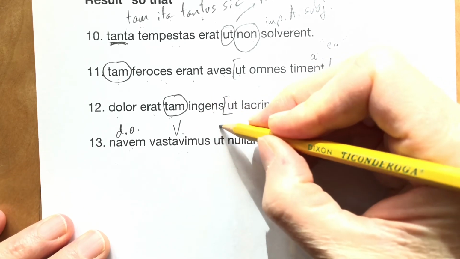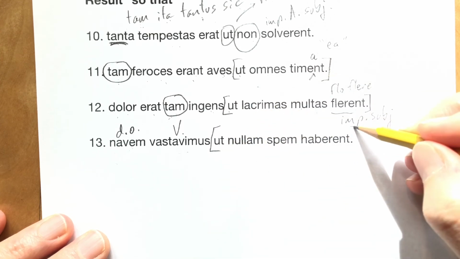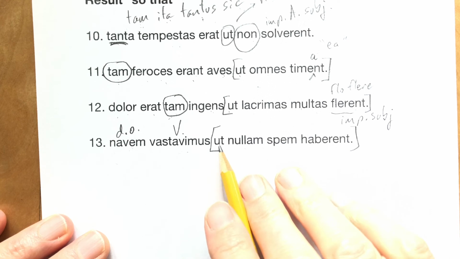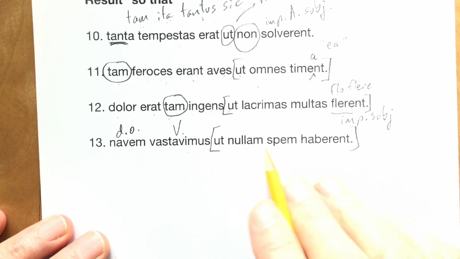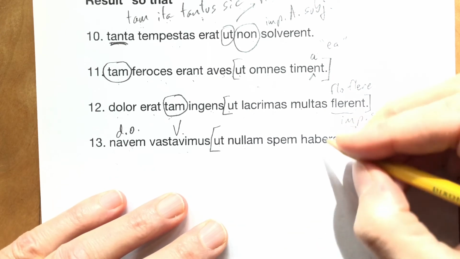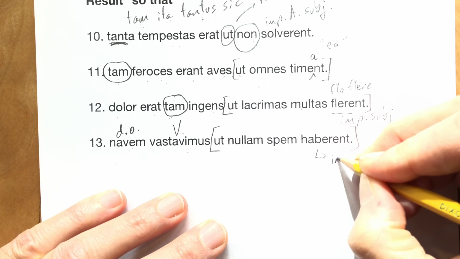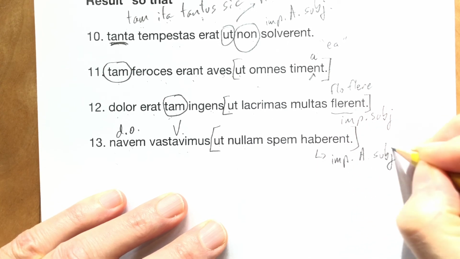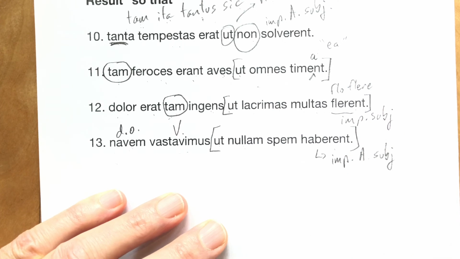Now here comes the result of that destructive act. Ut nullam spem haberent, so that they had no hope. And here we have haberent, imperfect, active, subjunctive. The most common type. Nice little result clause there.